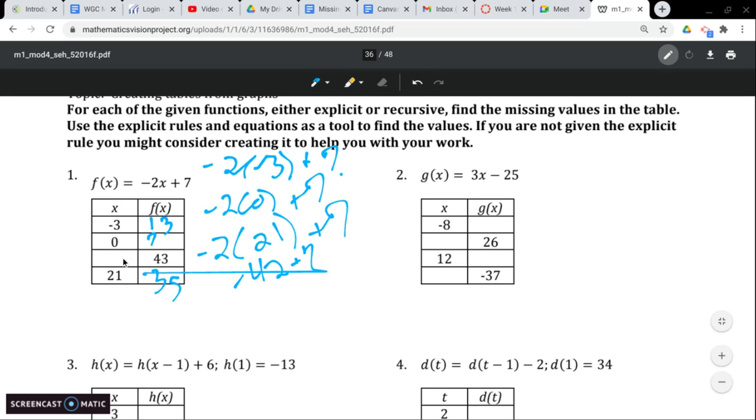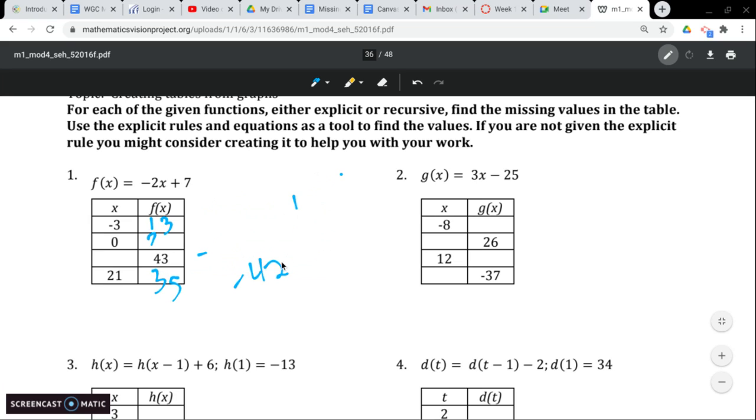Now, for the last one, we don't know the x value, but we know the f of x value. So what that means is we're going to set the equation equal to 43 and then solve for our x value, going back and forth between the two. So we have 43 equals negative 2x plus 7.